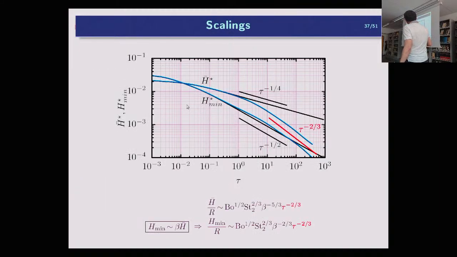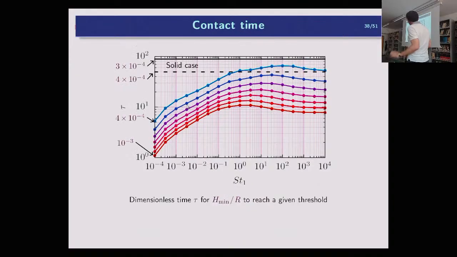So we have a completely different behavior in terms of time to reach a given threshold for the thickness. And if we make a parametric study by varying the Stokes number, so the viscosity of the liquid film, then here is the time it takes for a given Stokes number to reach a given thickness. The surprising fact is that we have a maximum in this curve, which is a bit surprising, and we couldn't have any answer for this.